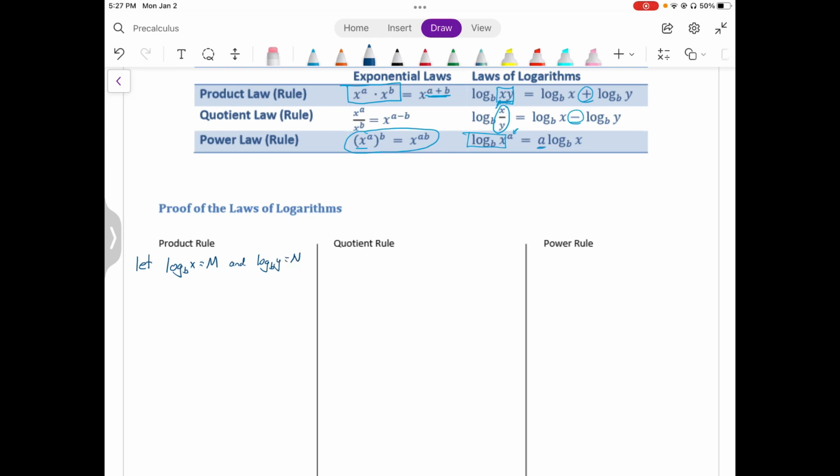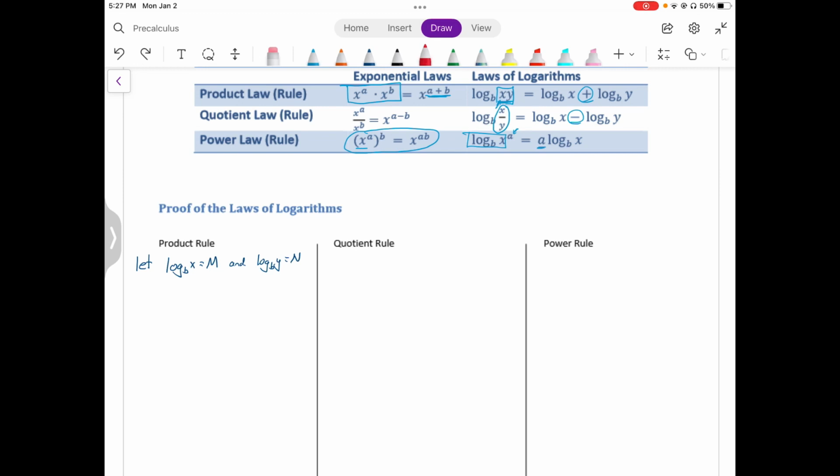We're allowed to do this because log base b of x is just a number. Instead of saying log base b of x, we can call that m. Instead of log base b of y, it'll be some number n. Now, with those, we're going to change each of those to exponential form.